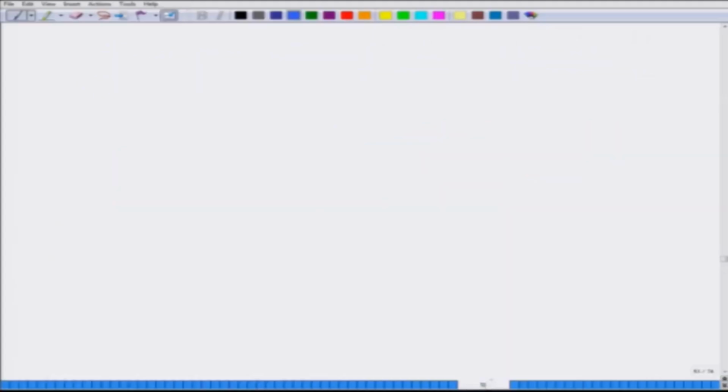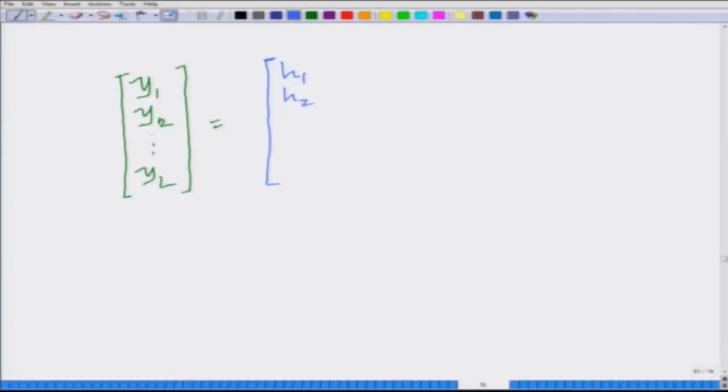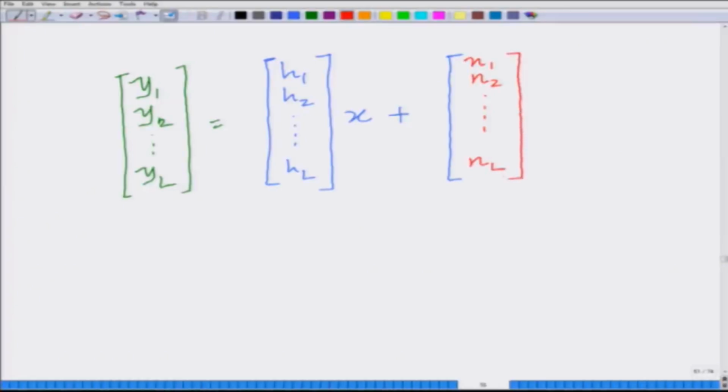And now, I can represent the vector system model for this system as Y1, Y2, up to YL equals H1, H2, up to HL times x, plus the noise vector N1, N2, up to NL.